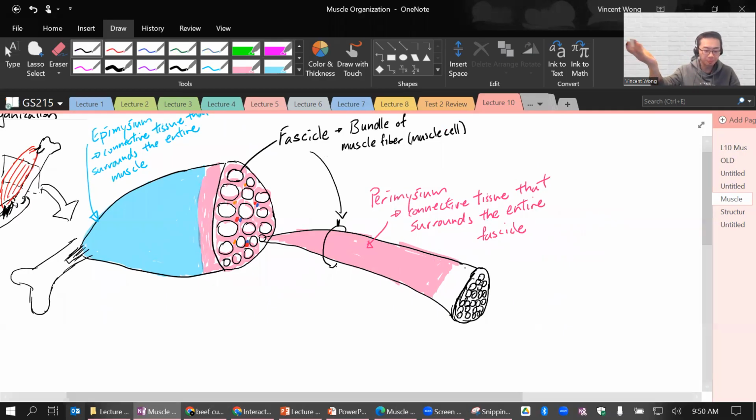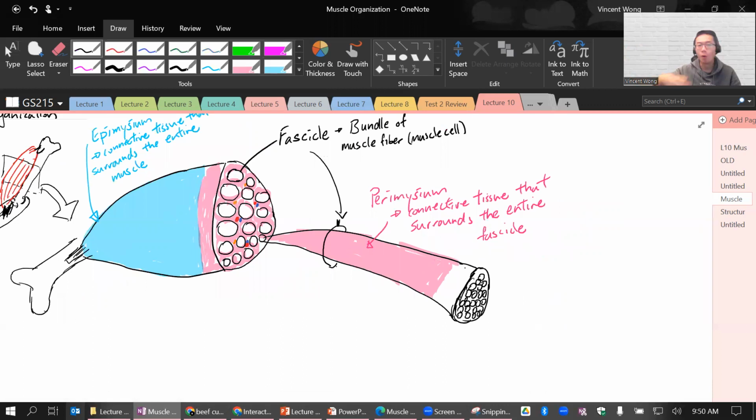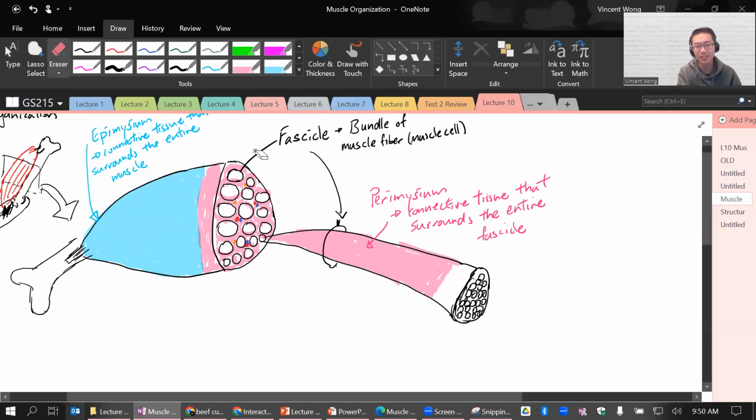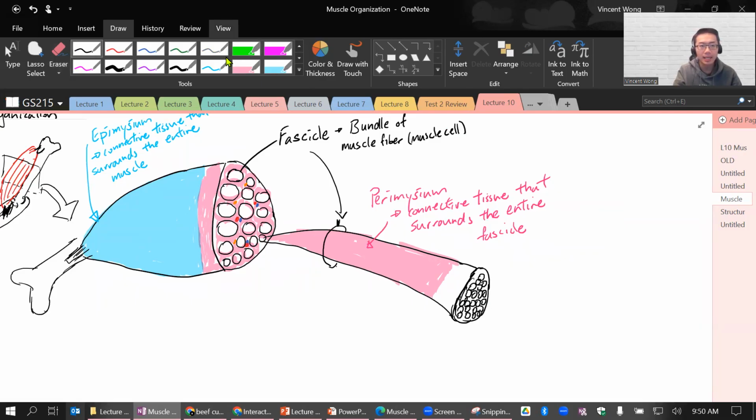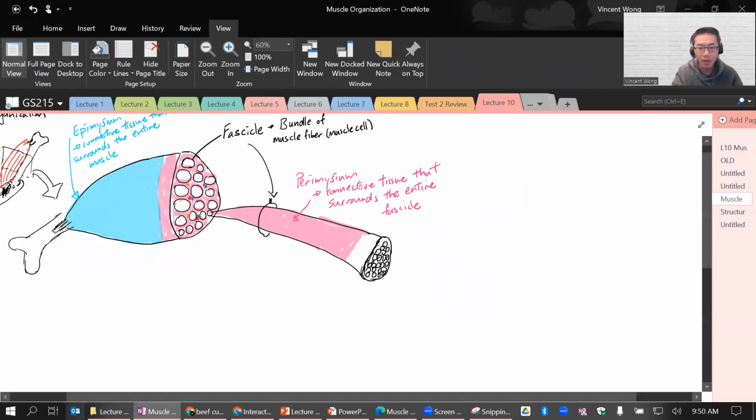If you eat something like pulled pork, those little shredded meats, each strand is essentially a fascicle. All right, so here, all these are muscle cells, and we are going to pull another one out.